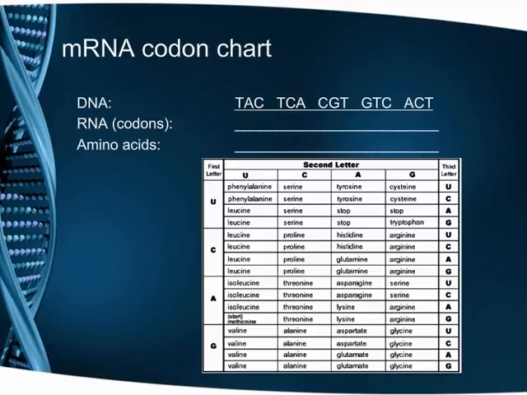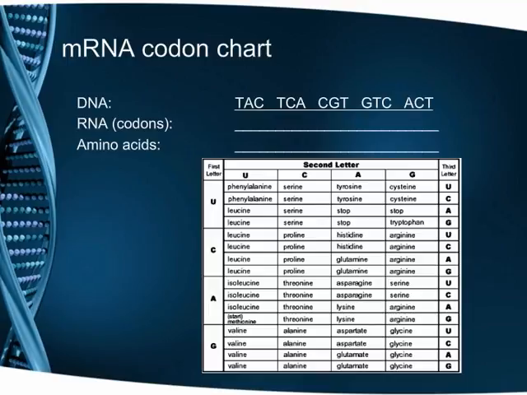Your second amino acid will correspond to the codon A, G, U. A, G, U is serine, S-E-R. Please make sure you're able to read the chart.